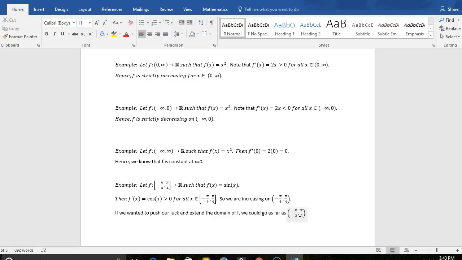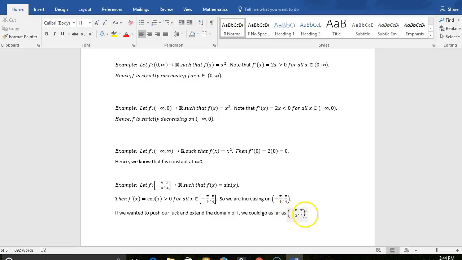I would not do that if I were you. I'm not saying that we're increasing at these endpoints. I'm just saying, are we increasing on this interval? I think it's safe to say that we're increasing on this interval. That should be fine. Yeah, that's fine. We are increasing on this interval.